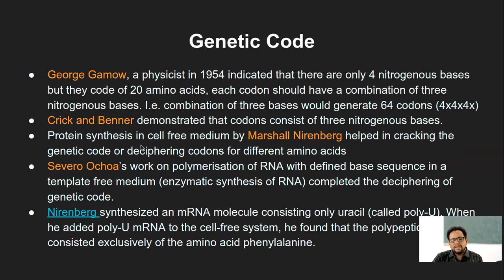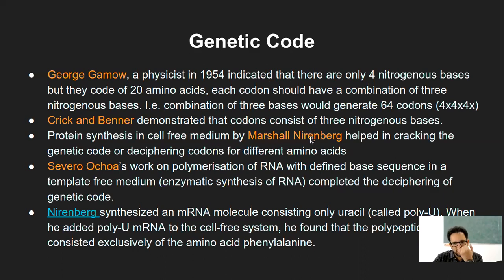Then protein synthesis in a cell-free medium by Marshall Nirenberg helped in cracking the genetic code, deciphering the codons of different amino acids. So the progression was identifying the triplet, proving that it is 3 nitrogenous bases in a triplet or codon, and then the next step, shown by Nirenberg, was which codon codes for which amino acid.